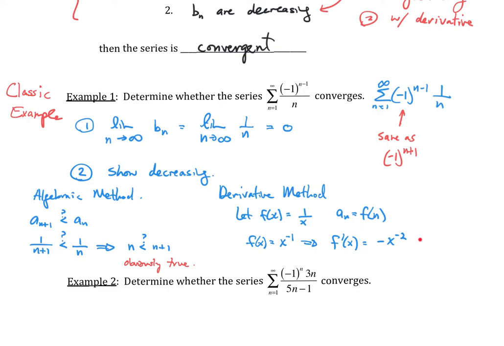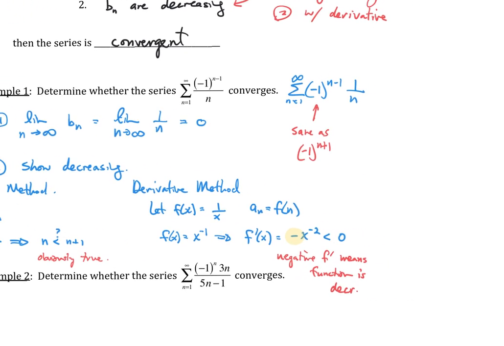This derivative is always less than 0 because you have this negative sign in front of your derivative. A negative derivative f prime means your function is decreasing.